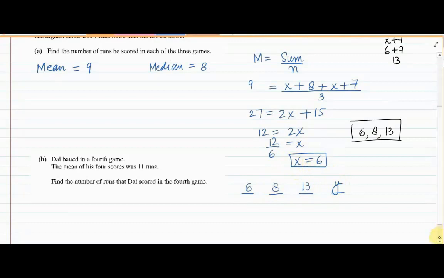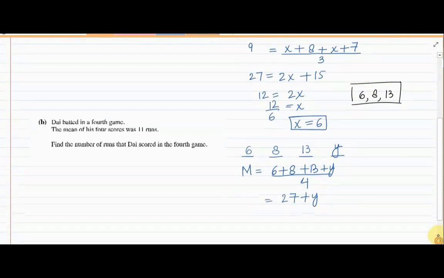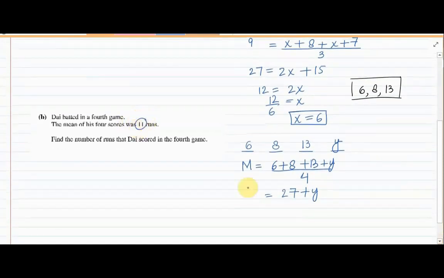So applying the concept of mean, we know that mean is what? Addition of all. That means 6 plus 8 plus 13 plus Y divided by how many games? 4. Right? 6 plus 8 plus 13 will be 27 plus Y. The value of the mean is known, that is 11.